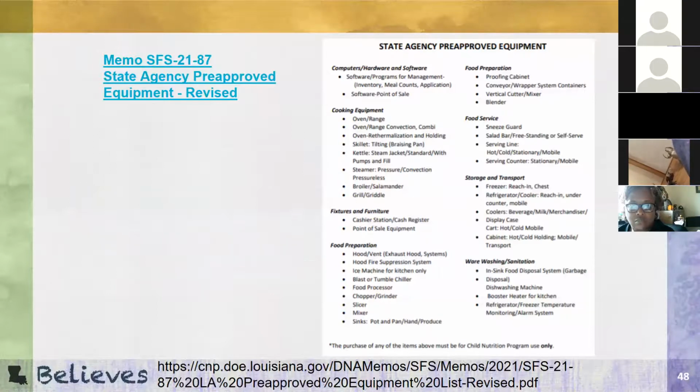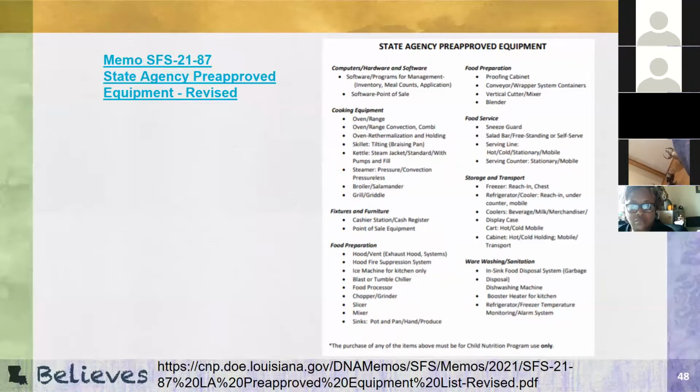This is a copy of the most recent state agency pre-approved equipment list. It's under memo SFS 21-87. It was posted in February of 2021 and replaces the original list that was posted in October of 2017.